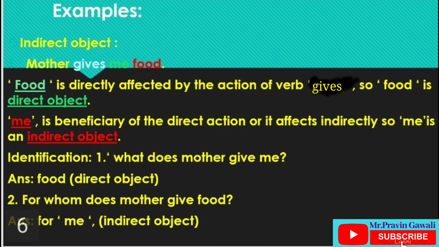Mother gives me food, or for me, mother gives food. So here me is a beneficiary, or me receives the indirect effect of the verb that is gives. So it is indirect object. Have you understood? Very good.